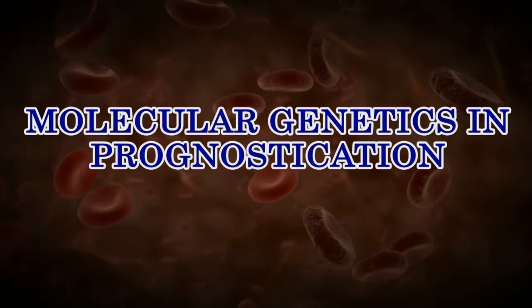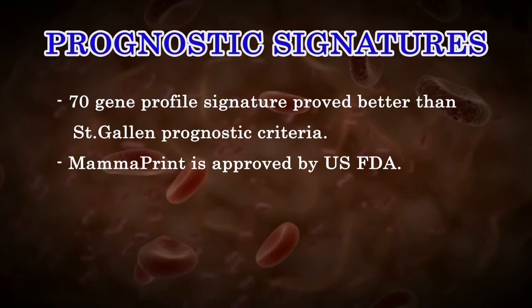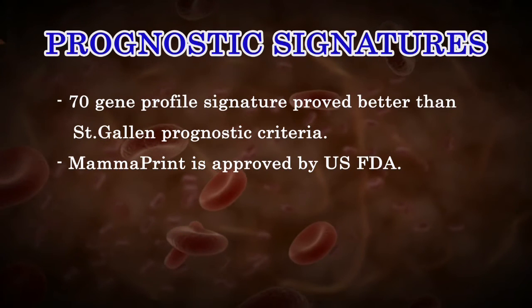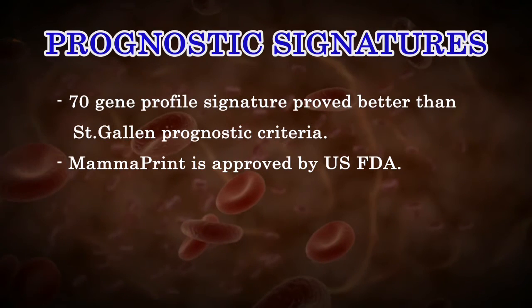Molecular genetics not only helps in treatment decisions but also prognostication. Gene signatures like MammaPrint and Rotterdam signatures are used for prognosis.